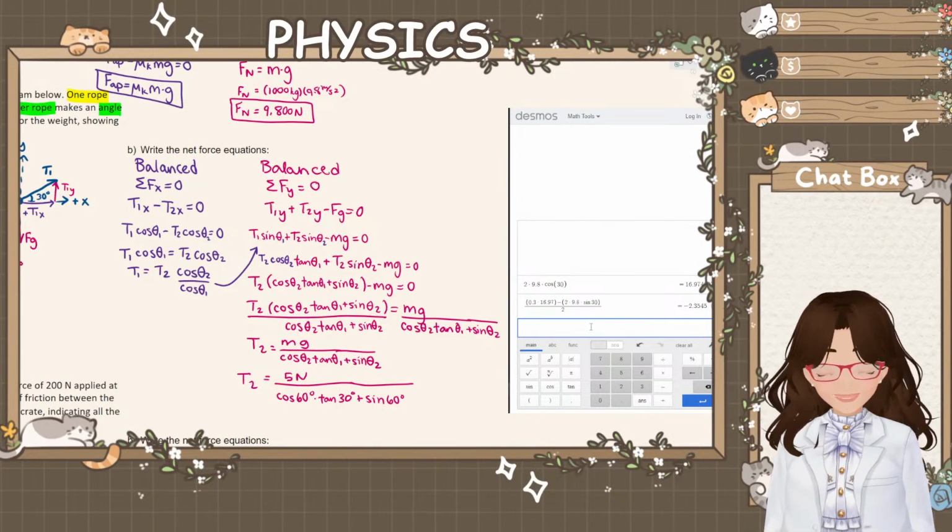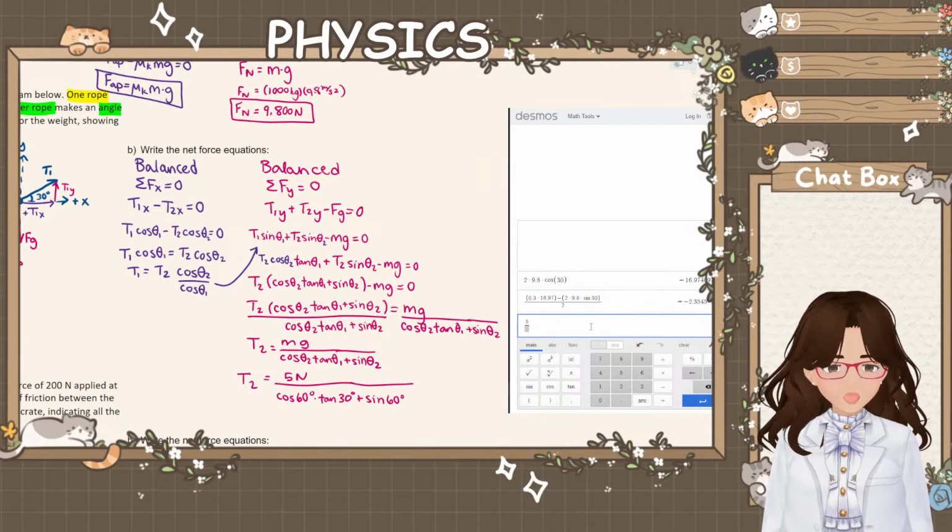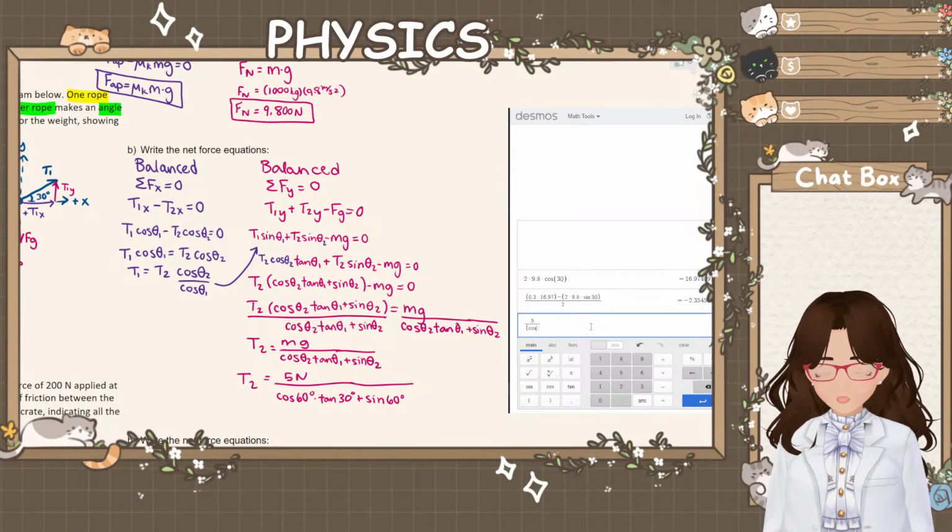So in this case here, I would have 5 divided by, and then I'm going to have cosine of 60 degrees times tangent of 30 degrees plus sine of 60 degrees.